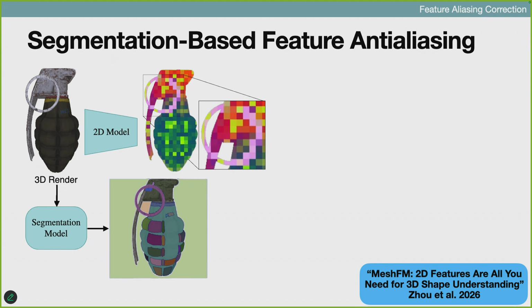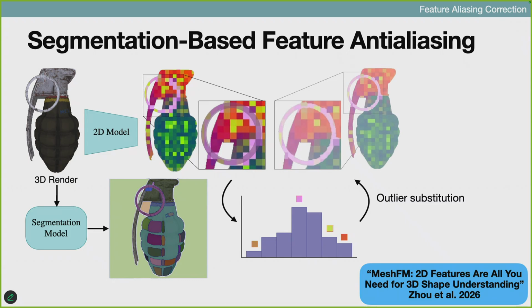So basically we can run some generalized segmentation method, cast the segmentation groupings back onto the original feature image, and then compute some statistics over that group. From there, we take the outliers, apply some heuristic thresholding, and substitute the outlier features with the mode of that feature distribution within that cluster. And voila, you get back nice, clean features for your ring geometry.